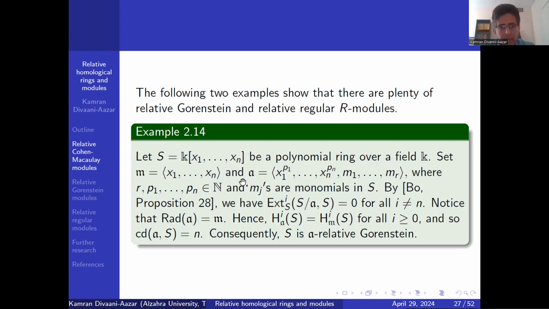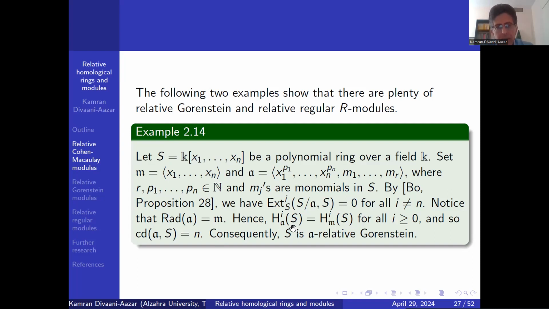Also it's easy to see that the radicals of A and M are equal. We have this equality. So from local cohomology, we know that two ideals with the same radical have the same local cohomology modules. So we have this equality between local cohomology modules.